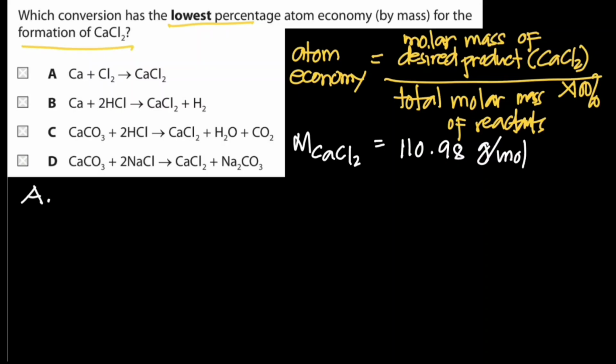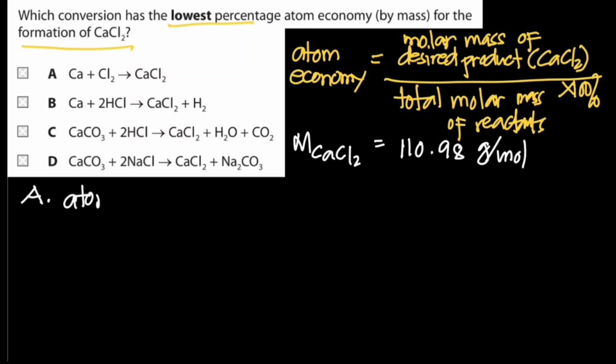So let's start with option 1. Option 1's reactants are 1 mole calcium and 2 moles chlorine. So that means the molar mass of these reactants is just equal to the molar mass of CaCl2.